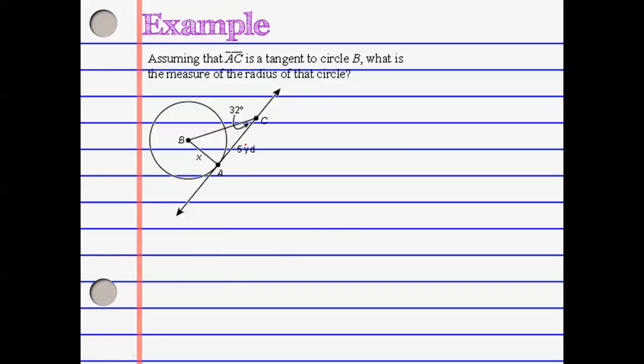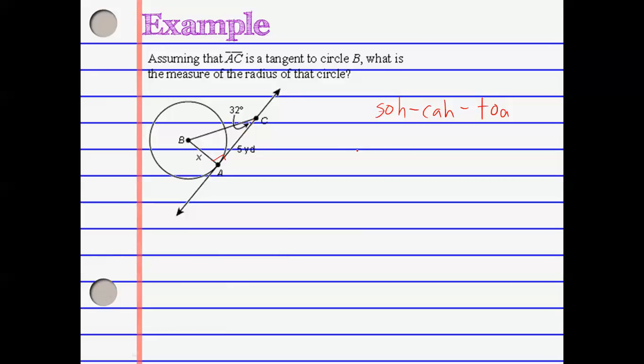This says, assuming that AC is tangent to circle B, what is the measure of the radius of that circle? It's important that they told us that this line is tangent, because when a tangent hits a radius, it hits it at 90 degrees. So that tells us it's a right triangle. Again, we write our mnemonic, SOHCAHTOA.